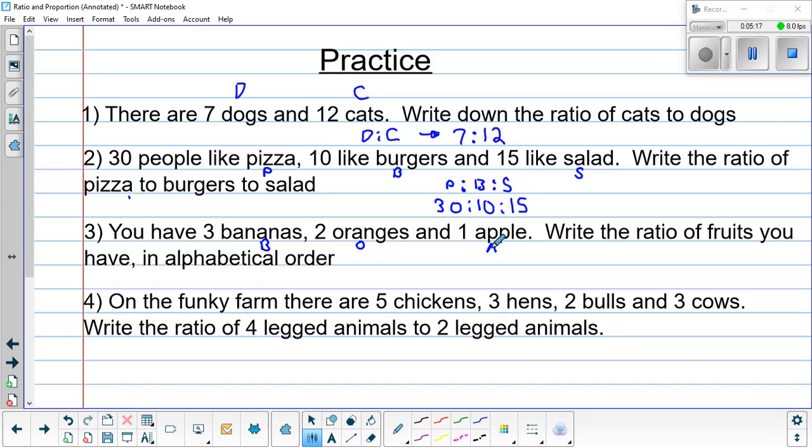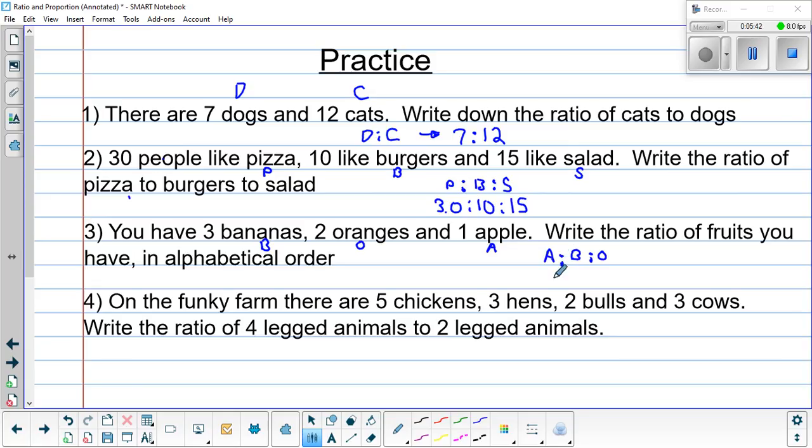Write the ratio of fruits you have in alphabetical order. Well, that means we have A to B to O. I wanted to make that as awkward a question as I could think of. You wouldn't typically get questions asking for alphabetical order in a ratio. However, I just wanted to show where you get this awkwardness.